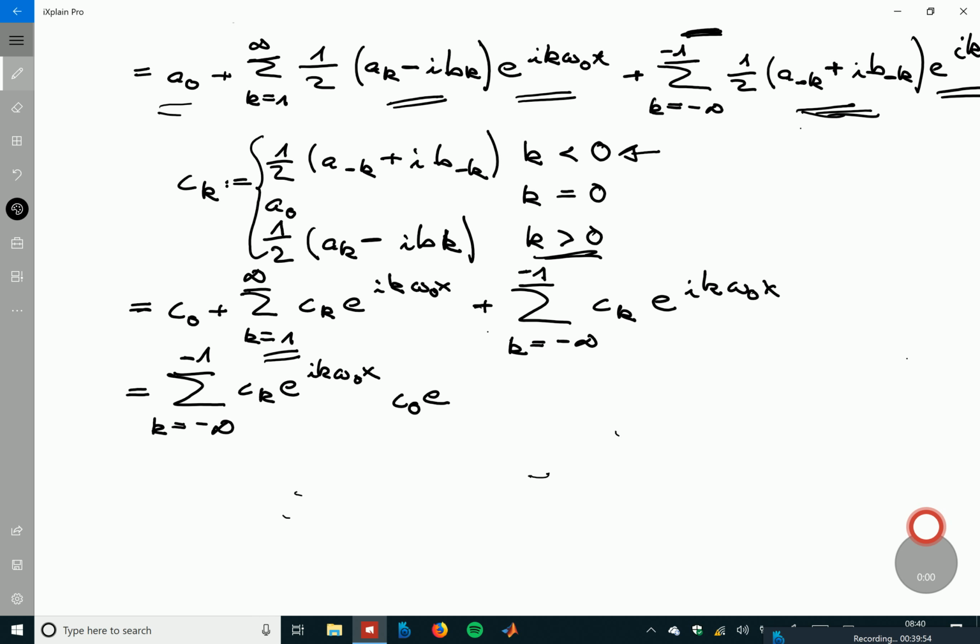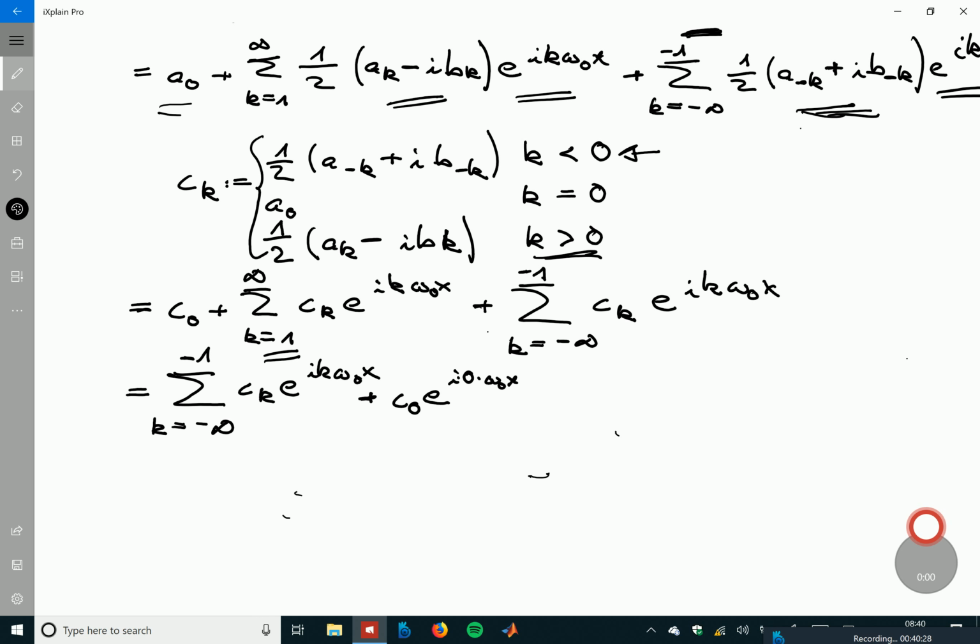Remember that if you think about the exponential function, which we discussed in the beginning, e to the power of 0 is 1. So if we have plus c_0 here, then we can express that as plus c_0 times 1, which is the same as plus c_0 e to the power of 0, which is the same as e to the power of i times 0 times ω0 x.